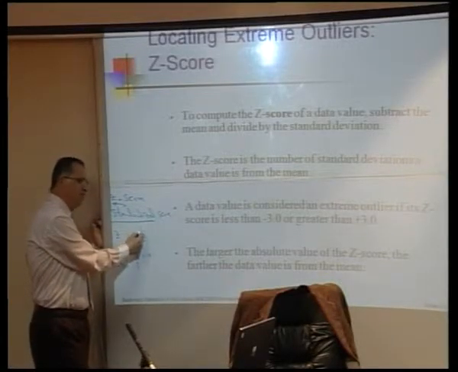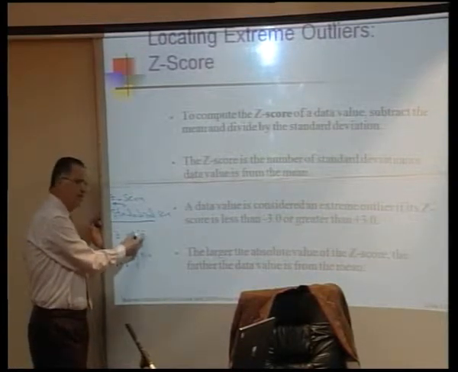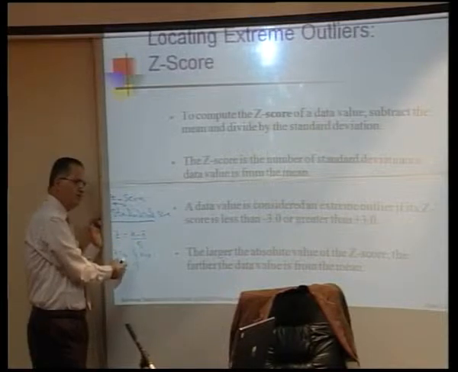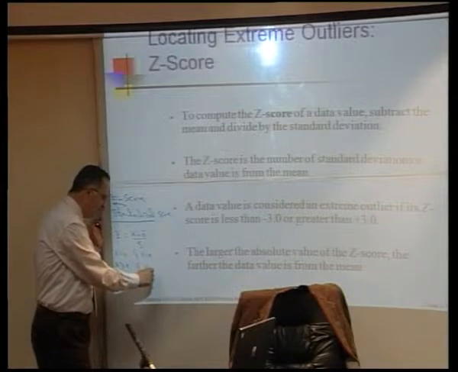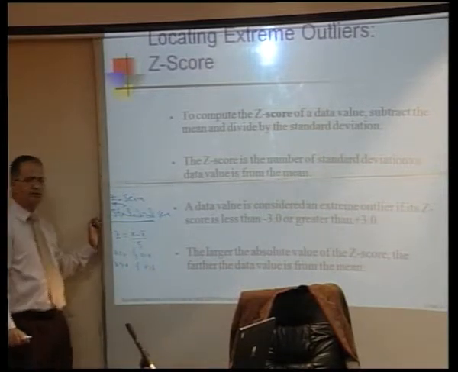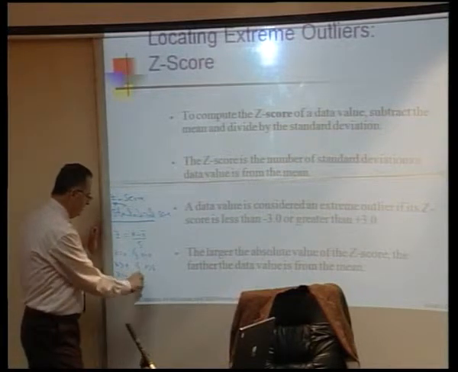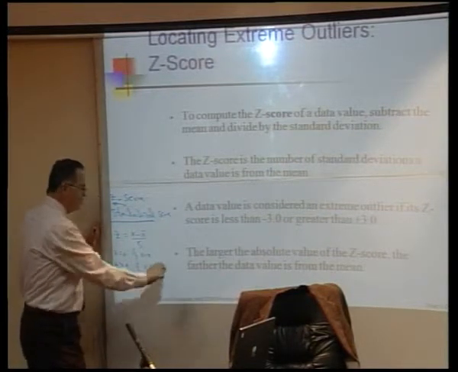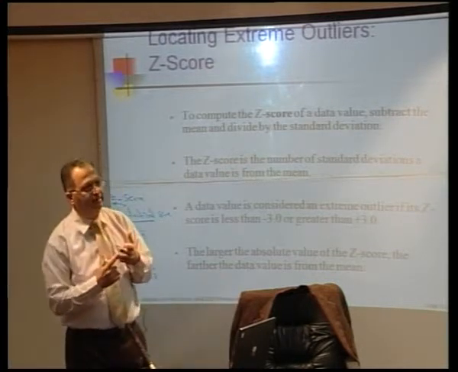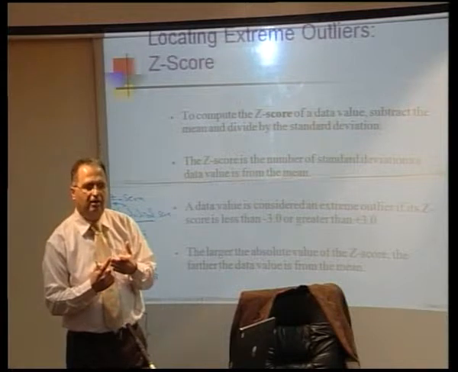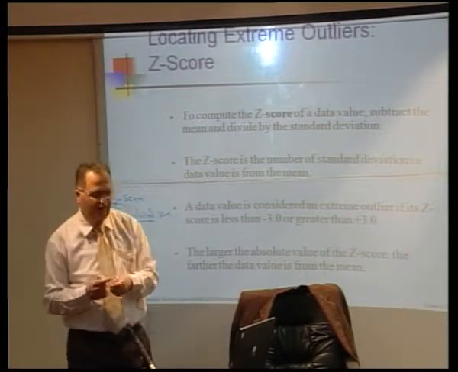If x minus x bar is negative, then this score is negative. If x minus x bar is positive, then this score is positive. So this score is positive if the value of x is greater than x bar, otherwise this score is negative if the value of x is smaller than x bar. It depends on the value of x, the value of the point, and the average or the mean.